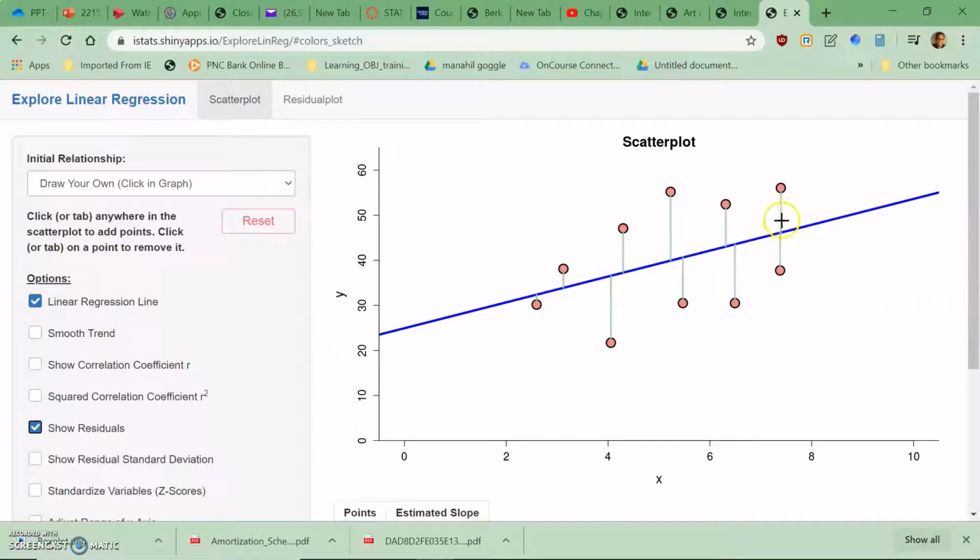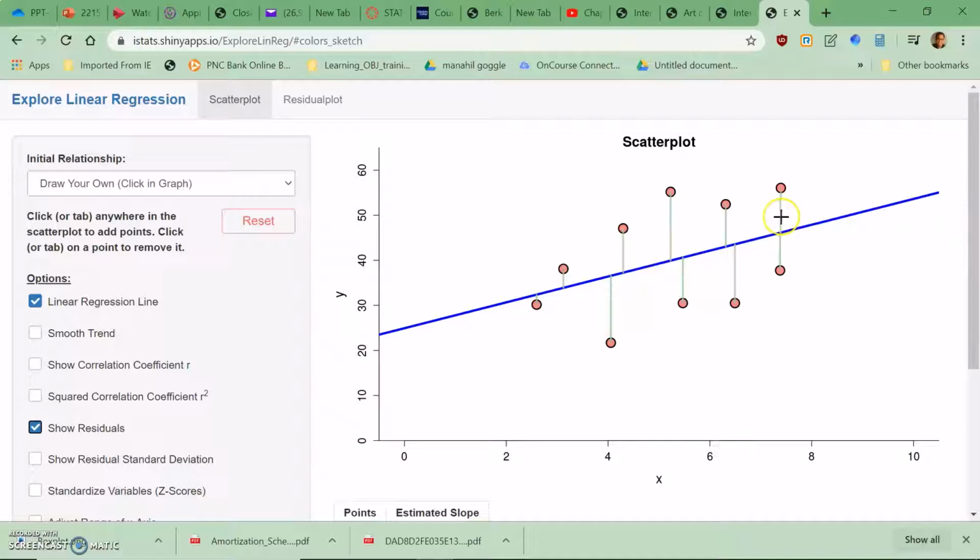When we square a negative number, it becomes positive. So a line for which the squares of the distances are minimum is called the line of best fit, or the regression line.